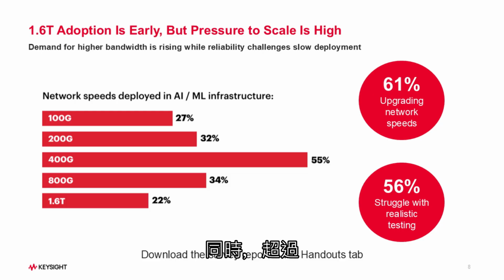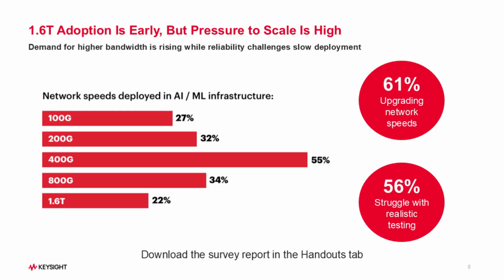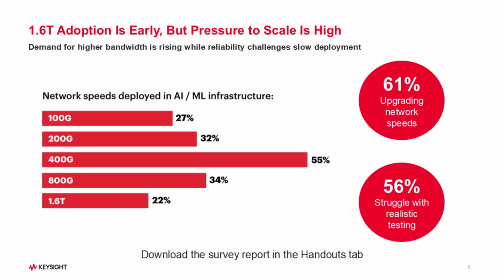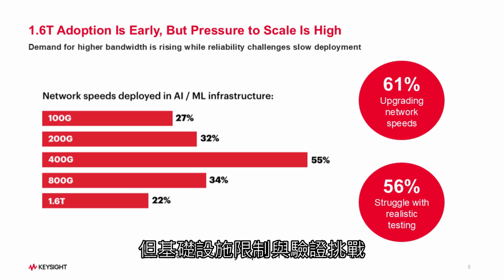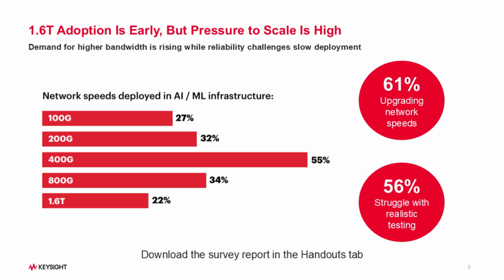At the same time, more than half of operators are reporting challenges reproducing real-world performance, pointing toward clear gaps in validation and test capabilities. So while the push to scale is very strong, infrastructure limitations and validation challenges are becoming a bottleneck to broader adoption of 1.6T.